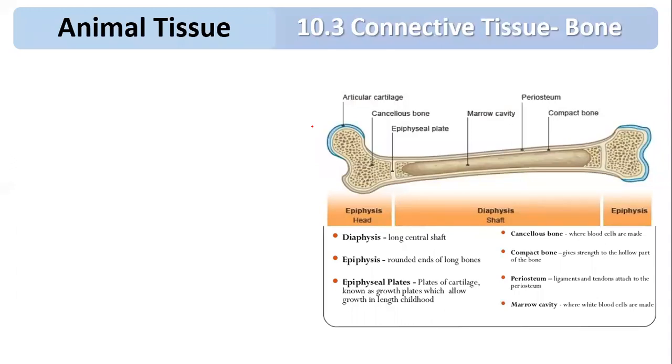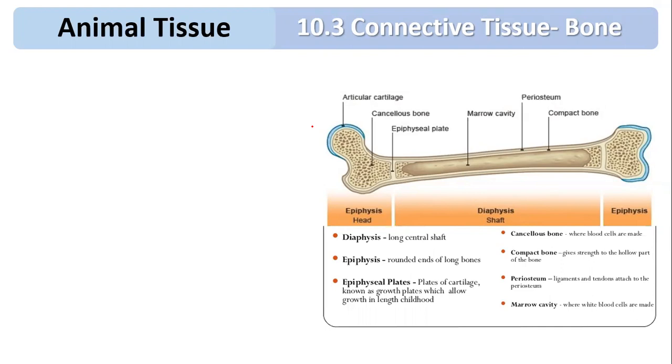So epiphysis contains red bone marrow, which is concerned with hemopoiesis. Whereas diaphysis contains white bone marrow which contains lipid, so that's why it is called white bone marrow. In the epiphysis, a comparatively soft spongy bone, the Haversian system is absent. In the diaphysis, the Haversian system is present.